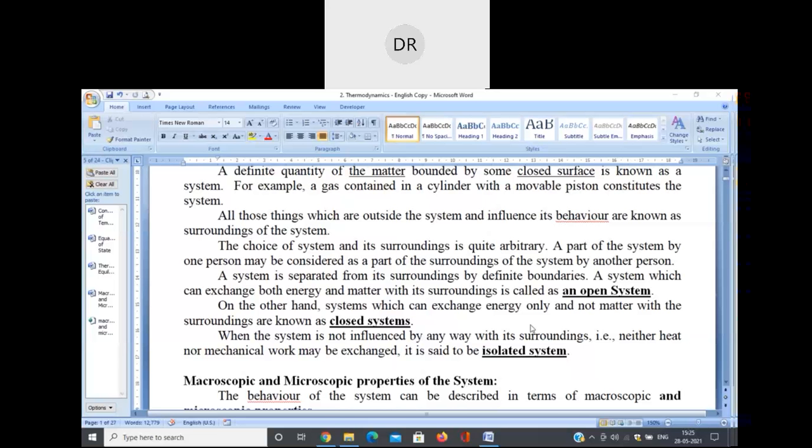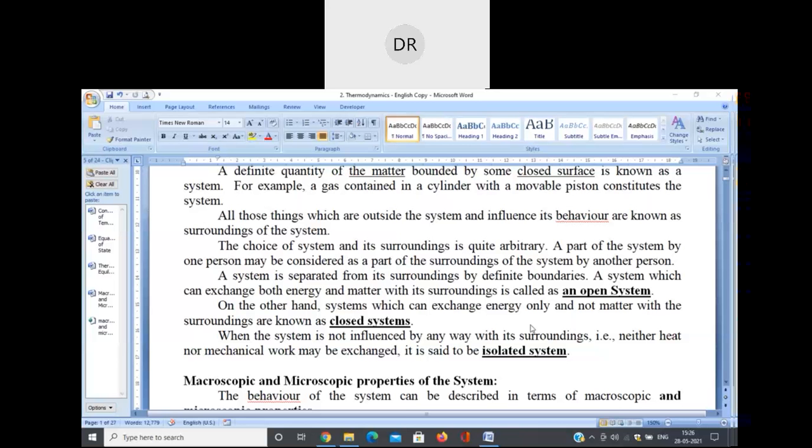For example, a pressure cooker can exchange energy with the surroundings, but it cannot exchange matter. So those types of systems are called closed systems. Isolated systems can neither exchange heat nor exchange matter. Those are called isolated systems.